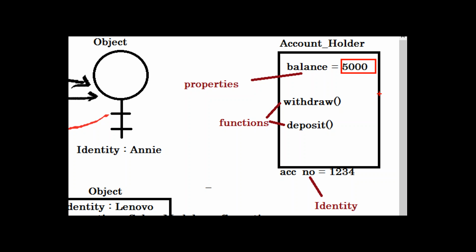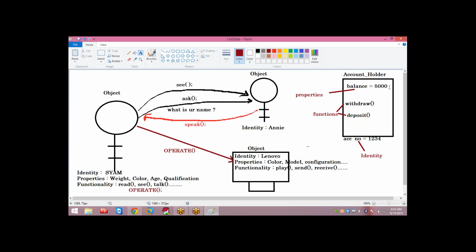Only two options: either you withdraw, then the balance will change, or you deposit, then also the balance will change. If you perform either of these two operations, the property will change automatically. So properties we can access only with the help of functionalities, and functionality we can access with the help of identity. This is simply what an object is.